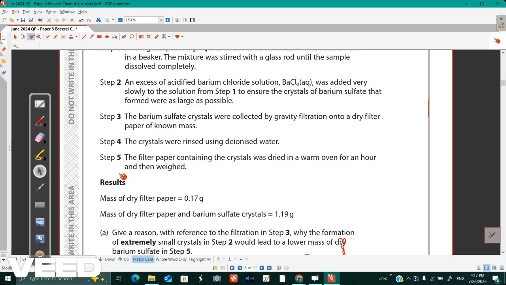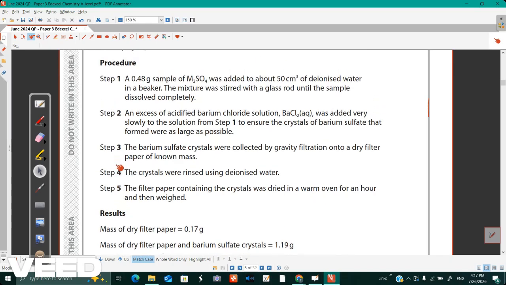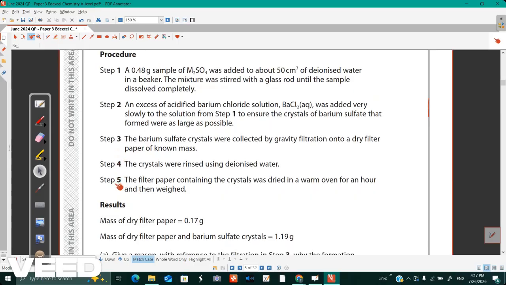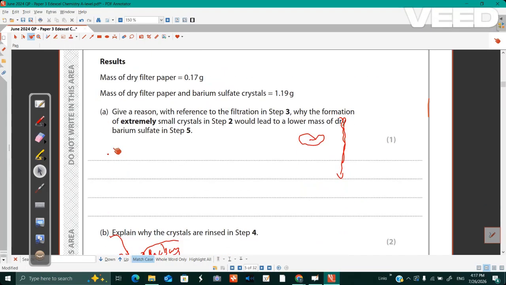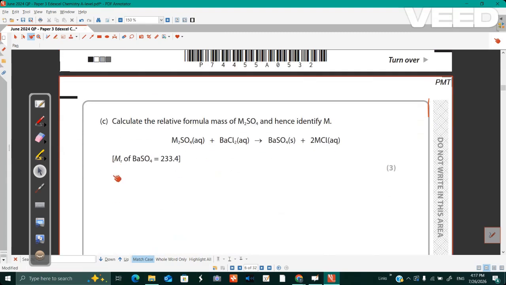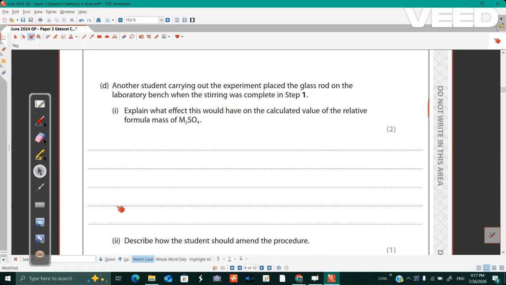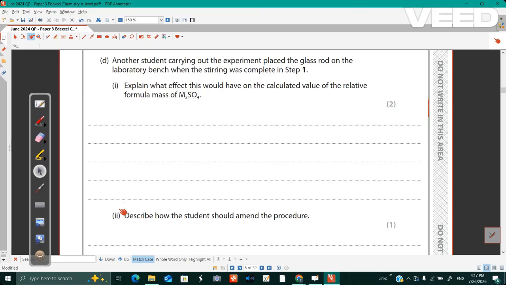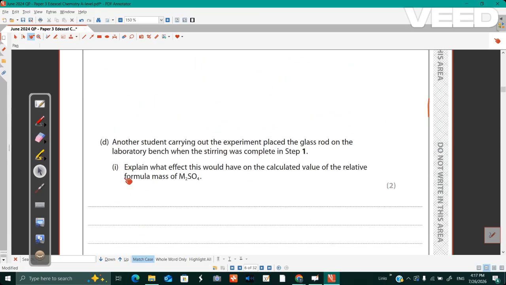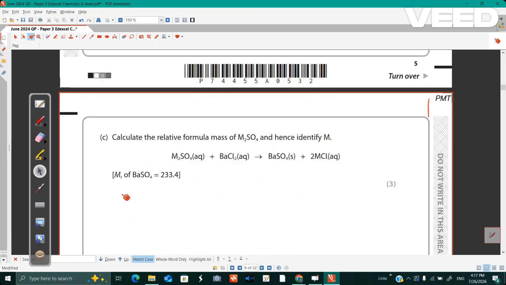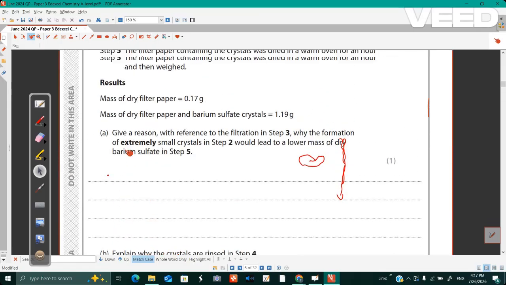How should the procedure be amended? So what we can tell here is what? You can stir it with a rod, right? So I have to mention it.